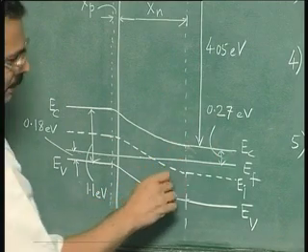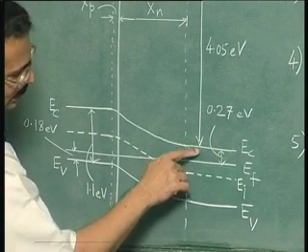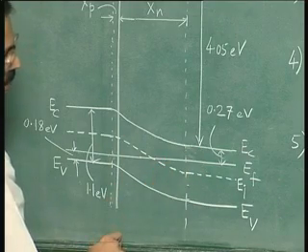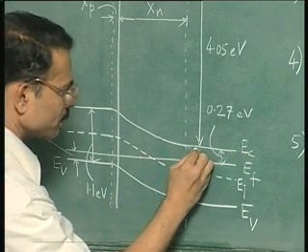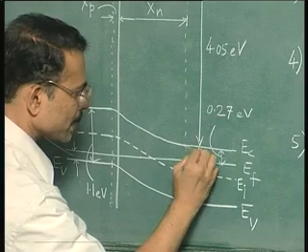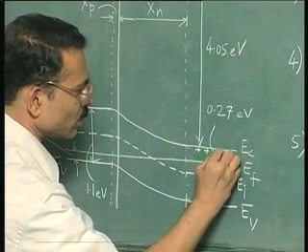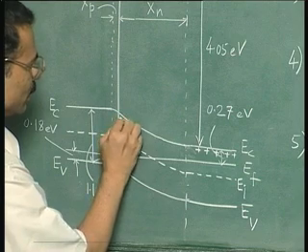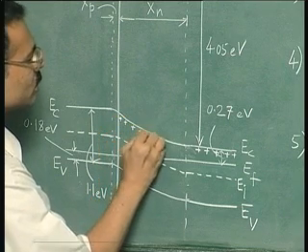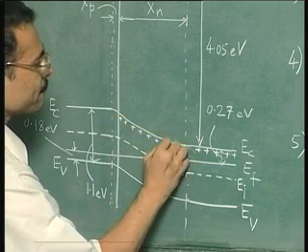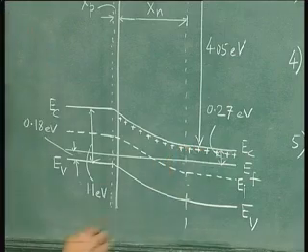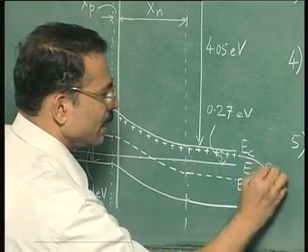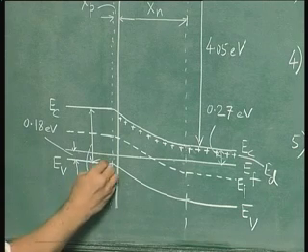Which means that 1/5 of this distance between EC and EF is the impurity level. So approximately we are locating it here. So this is the donor level. So in the entire region the donor level is very close to the conduction band edge. So this is ED.